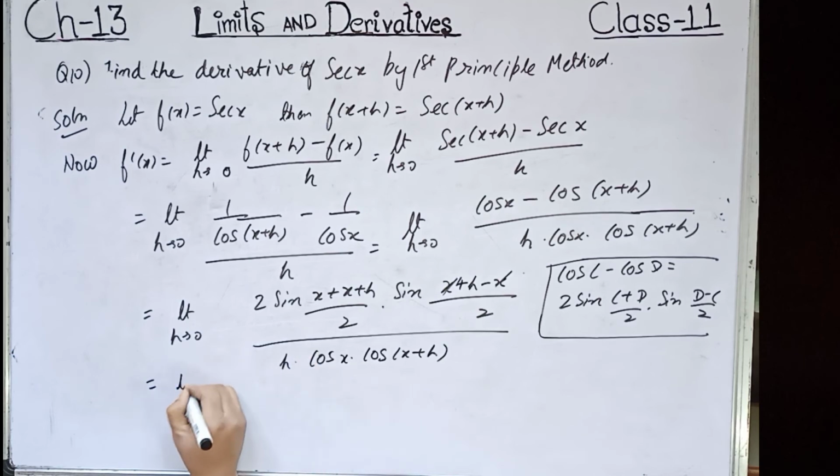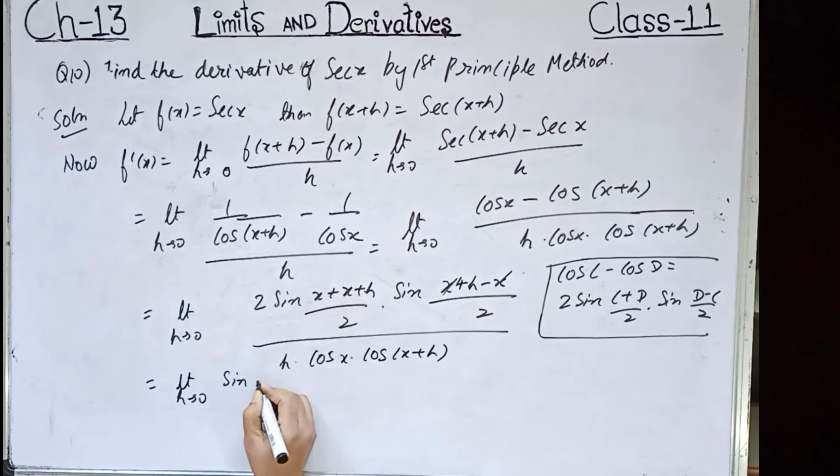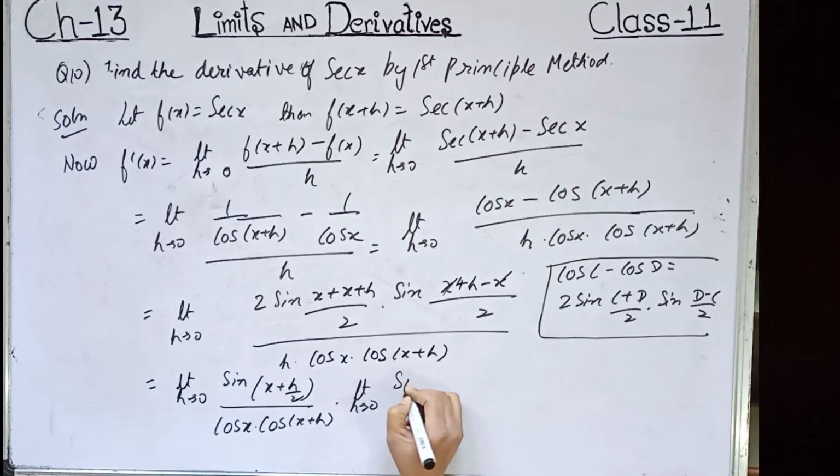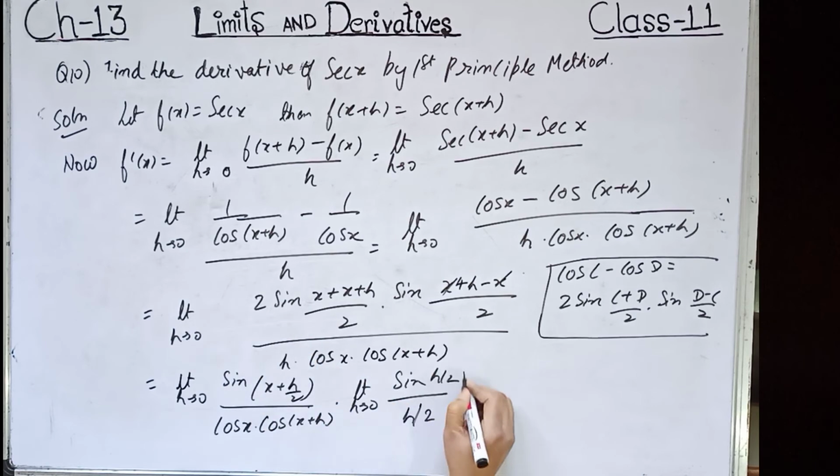So let us see, limit h tending to 0, sine of, here we can get (x plus h by 2) divided by cos x into cos of (x plus h), into limit h tending to 0 of sine of h by 2 divided by this h, and this 2 brought in denominator. So we are getting over here this value as 1.